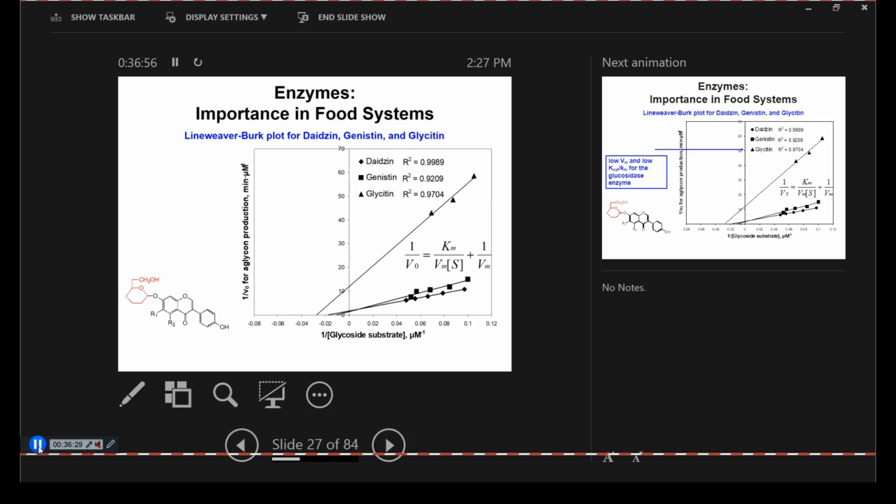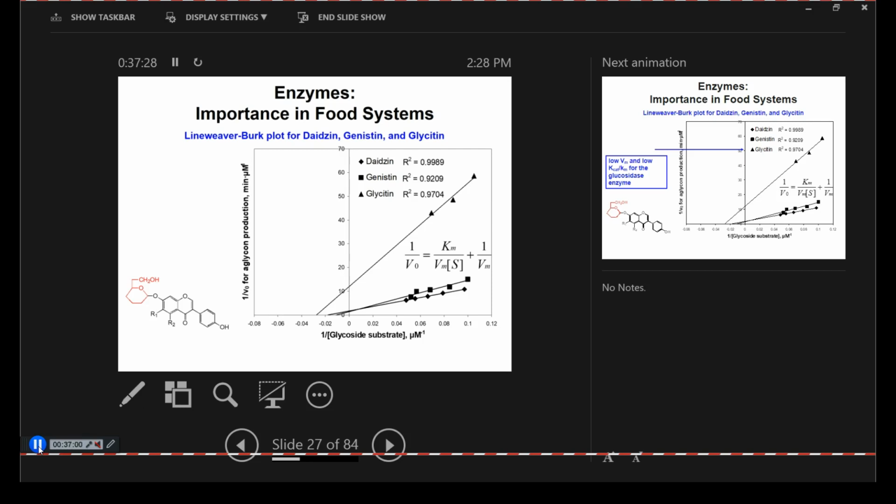So I was looking at the activity of the enzyme towards the 3 of those to determine which one is more bioavailable than the other. Then I ran the analysis at different concentrations, at least 5 different concentrations of each of those: daidzin, genistein, and glycitin. Okay.